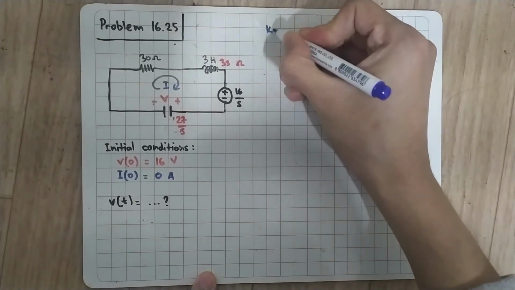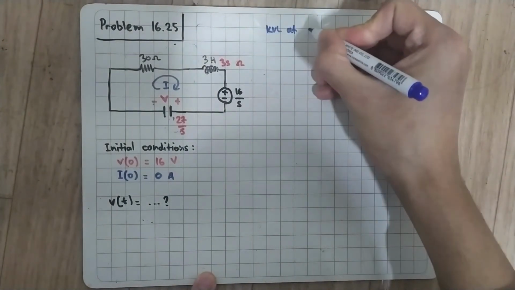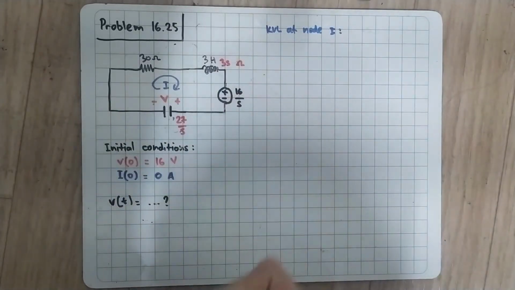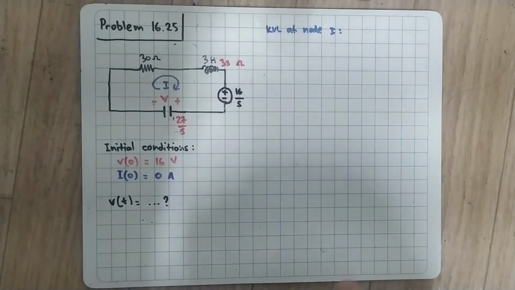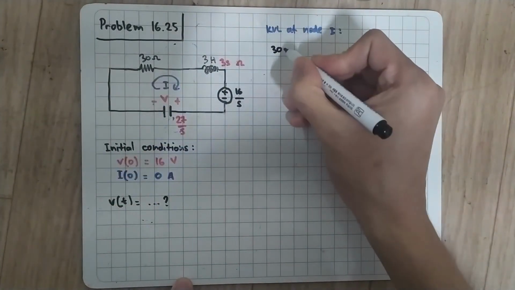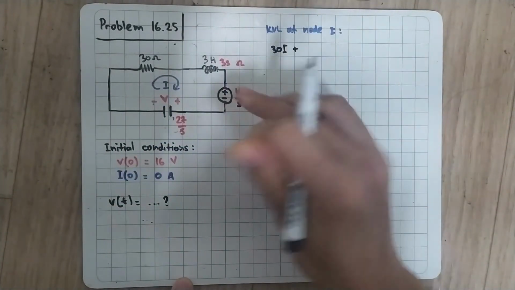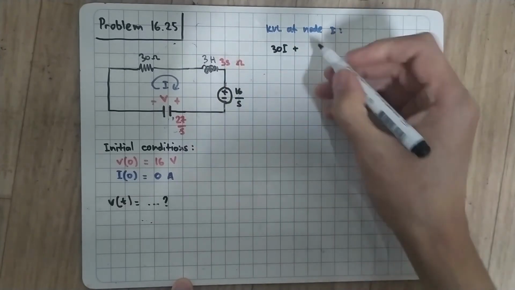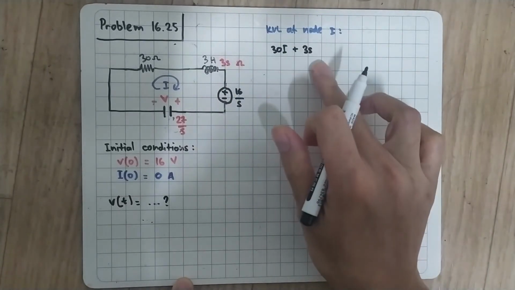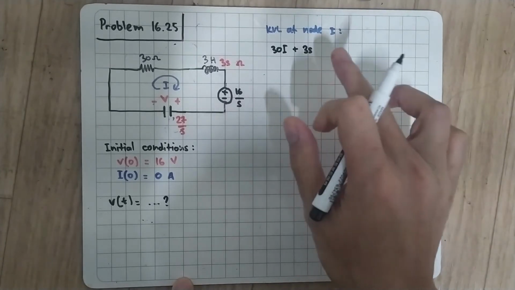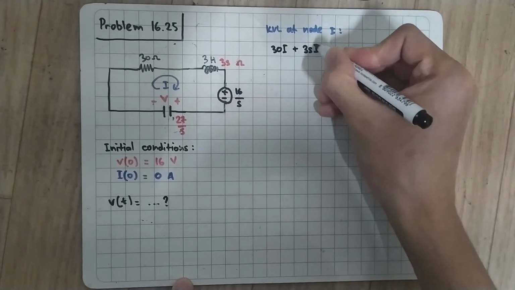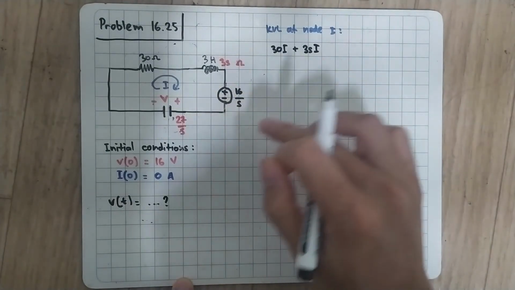So we are using KVL at node I. When we start from this 30 ohm resistor, I will have 30, because it's a resistor, multiplied by I, and this inductor is 3S, and in the frequency domain it behaves exactly like a resistor, so we just use Ohm's law, 3S multiplied by I, and then this voltage source.